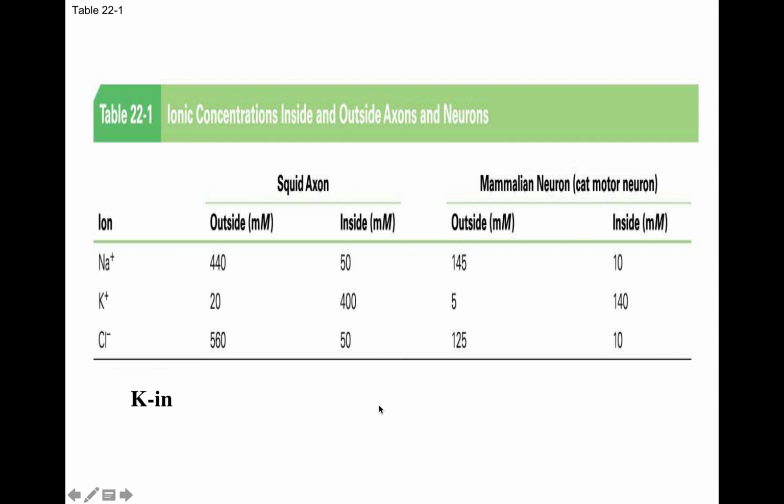Calcium is another one that's not on this slide, but it's much higher outside than inside. So how I remember this is usually we're talking about potassium and sodium, and I remember the word kin. Potassium is the symbol K, and potassium is high inside, and then sodium is the other one. So sodium is high outside.